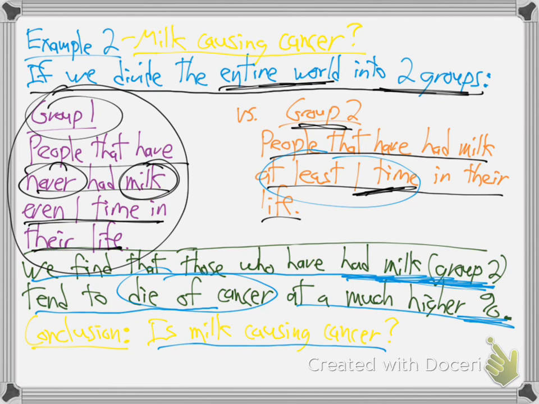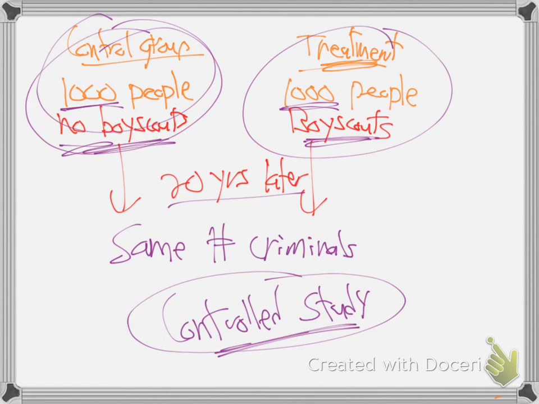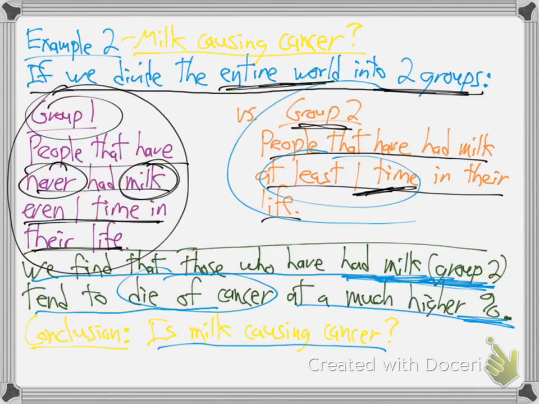Isn't this a controlled study, like what I was just talking about, and it seems like it's proven that milk causes cancer. What's happened? Isn't this just like this study right here? I mean, we got this group that had milk at least one time, and this group over here, this is the control group.